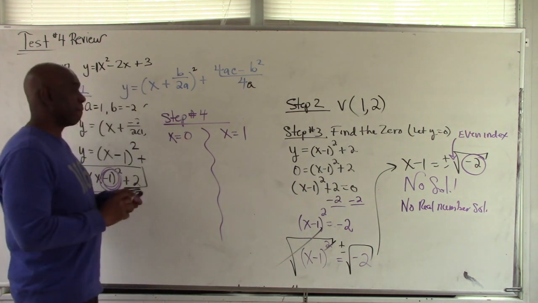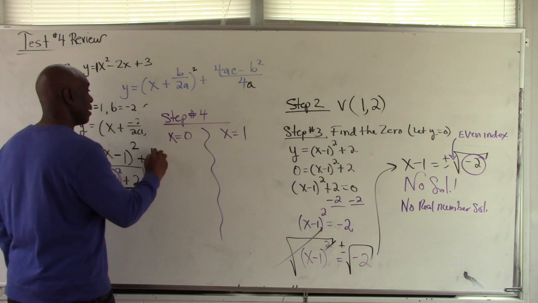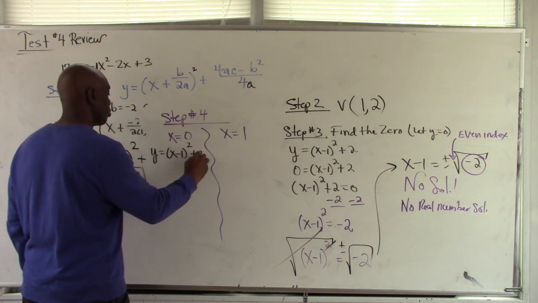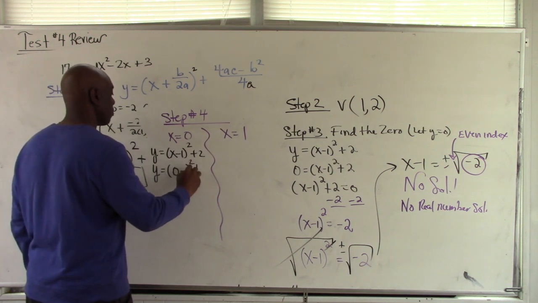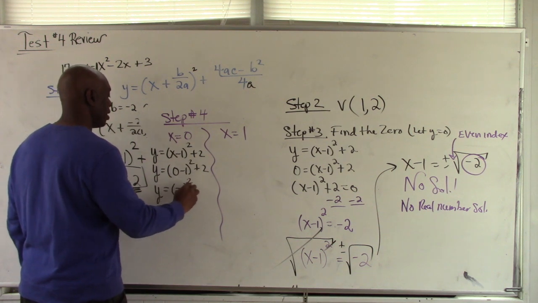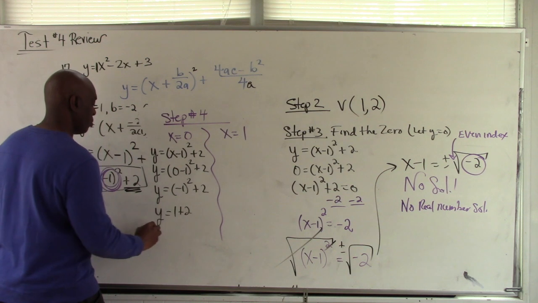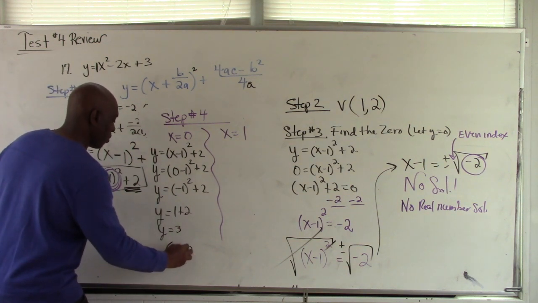Let's see what we get. So y equals x minus 1 squared plus 2. So y equals 0 minus 1 squared plus 2. So y equals negative 1 squared plus 2. So y equals 1 plus 2. So y equals 3. So one point, when x is 0, y is 3.